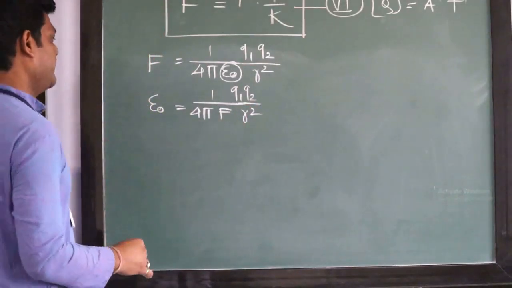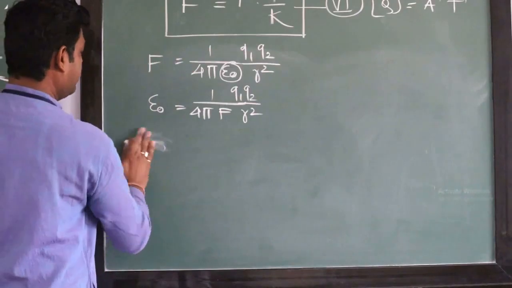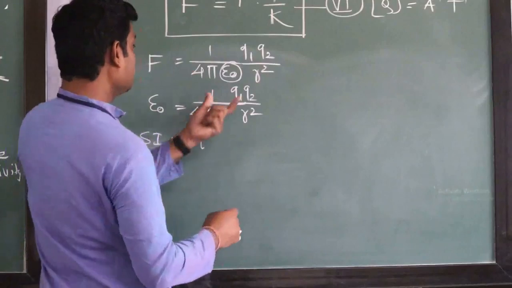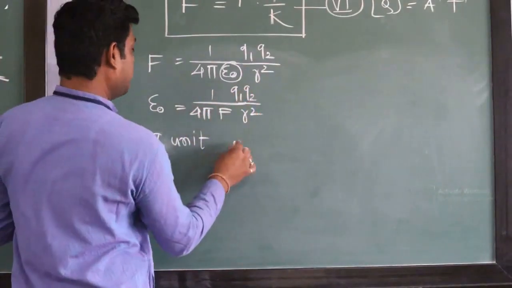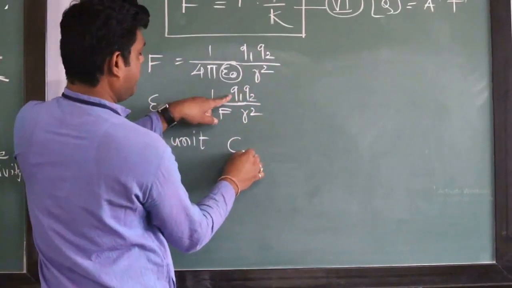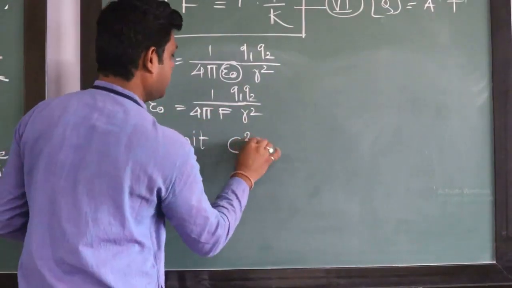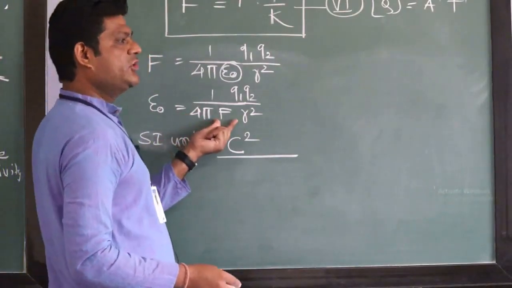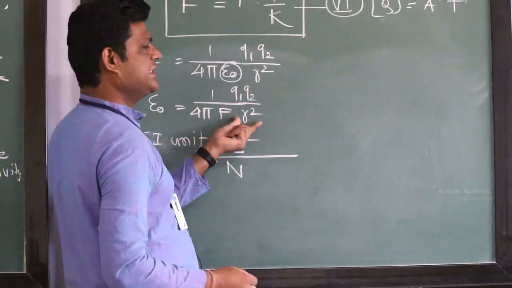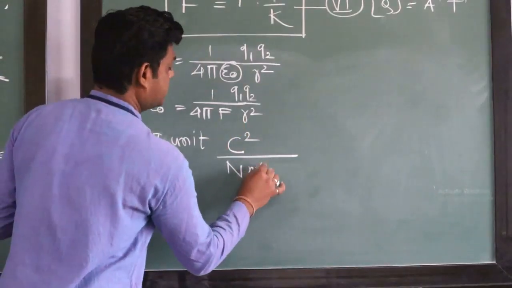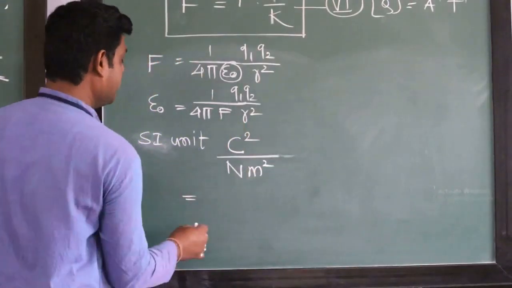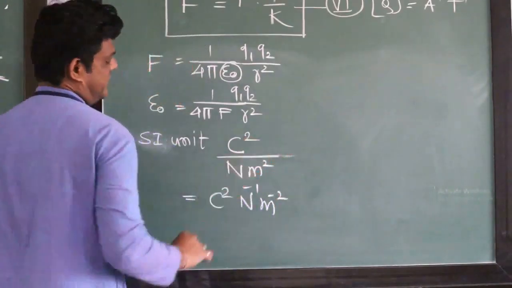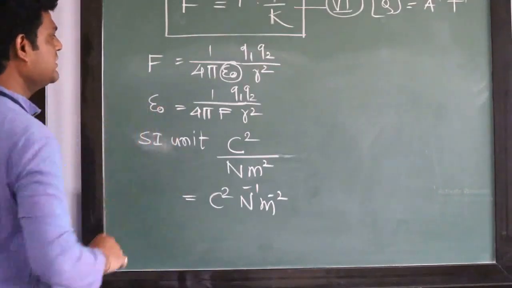First, the SI unit. The SI unit for Q1 and Q2 is Coulomb, so Coulomb square. Downside, 4 pi is a constant term. The SI unit of force is Newton, and for distance it is meter square. So the SI unit finally is Coulomb square per Newton per meter square. This is the SI unit of epsilon 0.